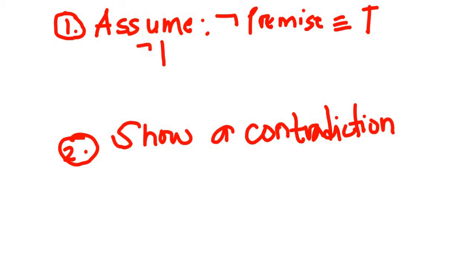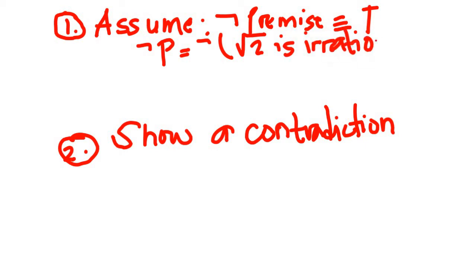So assume that the negation of the premise is true, so that means we're going to negate our premise. If our premise is, say, square root of 2 is irrational, the negation of that will be square root of 2 is rational.